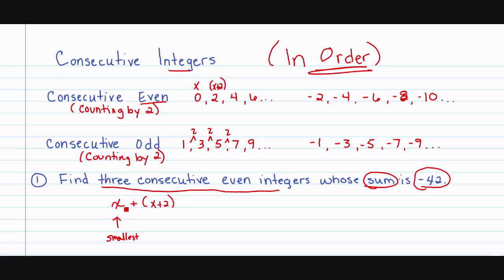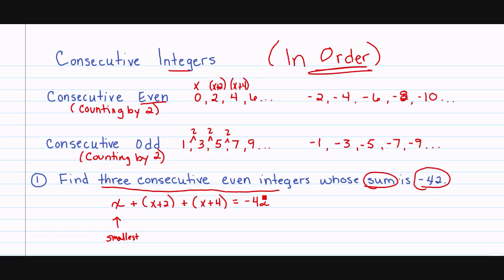So that's one number, two numbers, plus, well, if x was 0, how do I get to 4? I would have to add 4. And I want them all to equal negative 42.